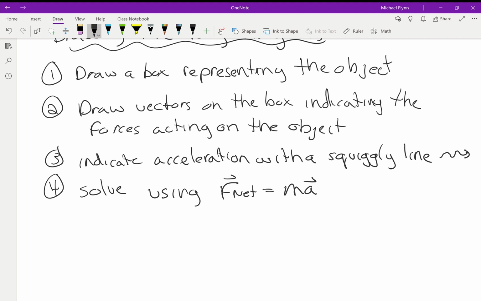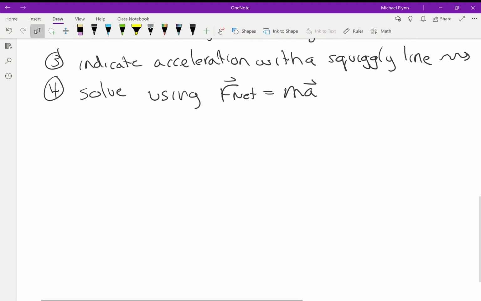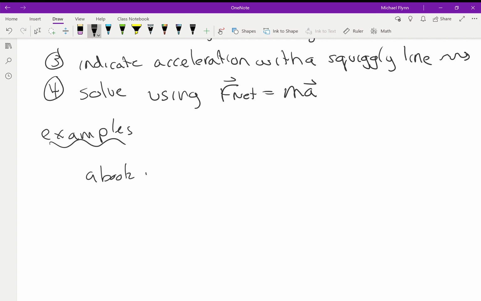All right, so with that in mind, let me do some examples. There are some questions on my assignment that are like this, but let me explain. Here's a perfect example. A book rests on a table.